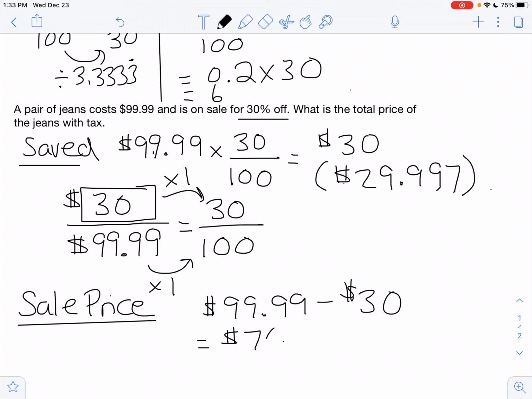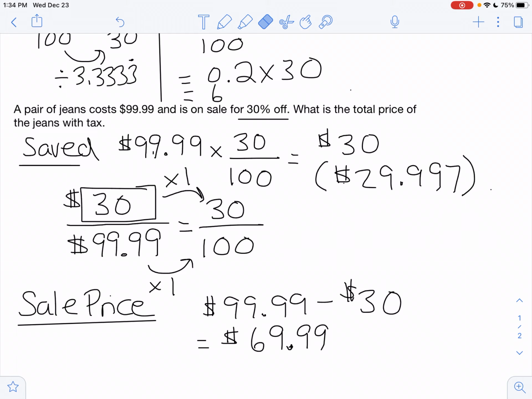So we have $70, and we're going to take away one extra penny from that because we started at $99.99. So that would be $69.99. Okay, so 100 minus 30 should be approximately $70, but there was 1 cent less than that, so $69.99. So that's our sale price.